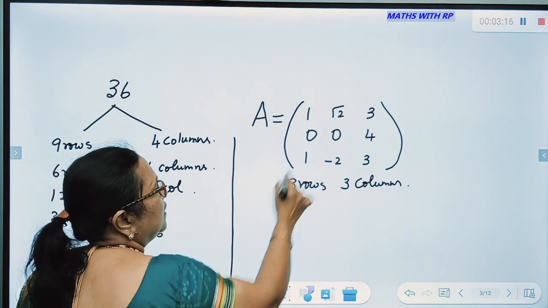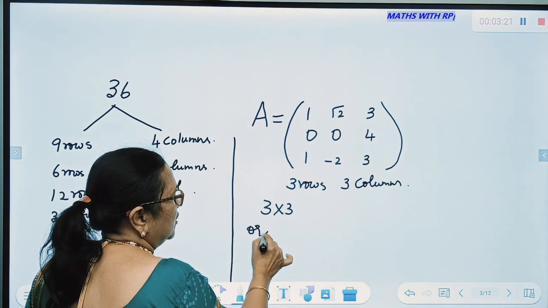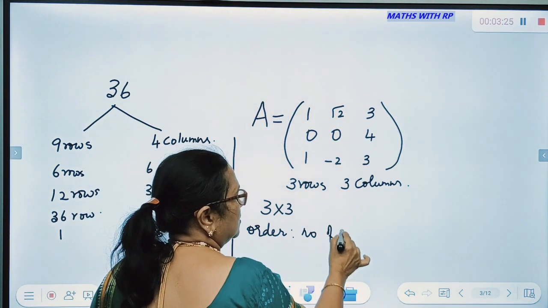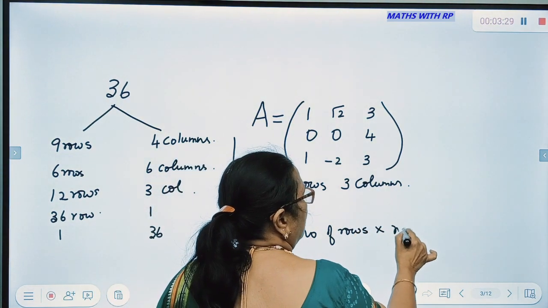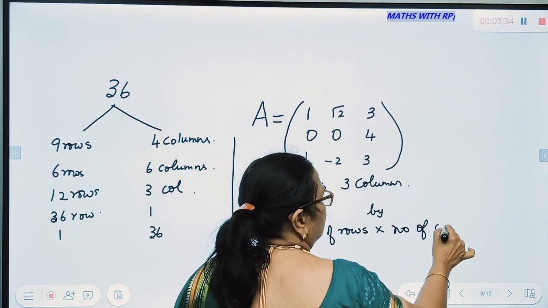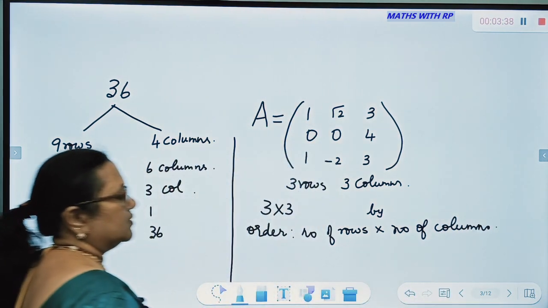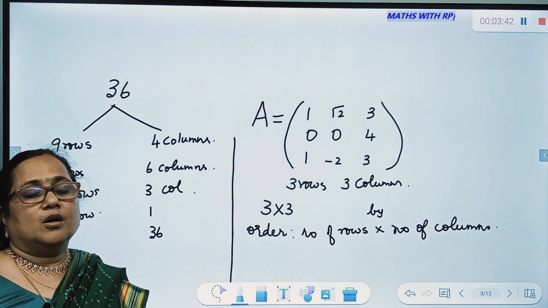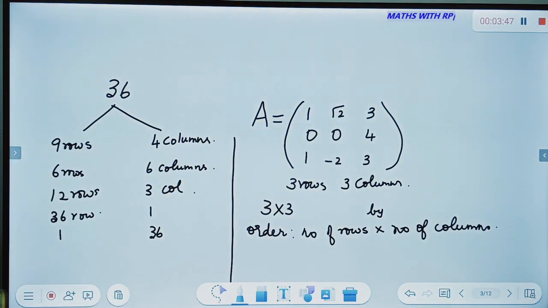For example, we say this is of order 3 by 3. So what is order? Number of rows by number of columns. We read it as by. A distinguishing feature of a matrix is its order, the number of rows and number of columns.